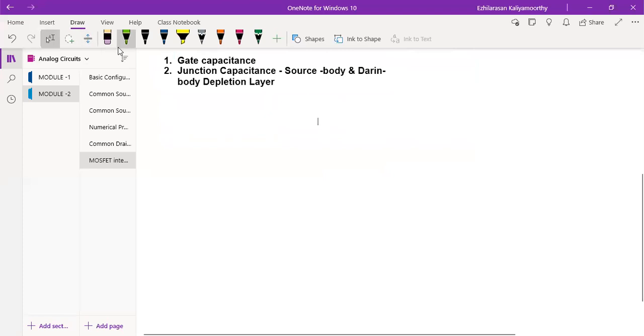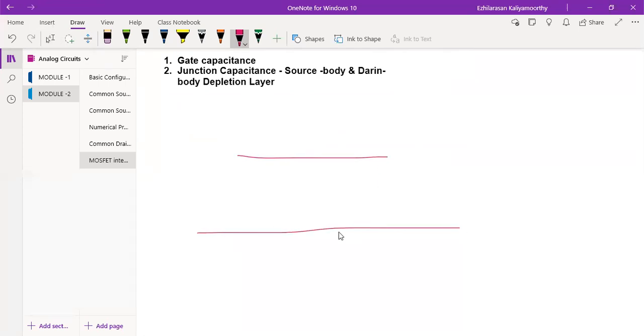Let me consider this as your substrate. Then this will be your source, and this will be your drain. Then this will be your depletion region. See, this is the depletion region.